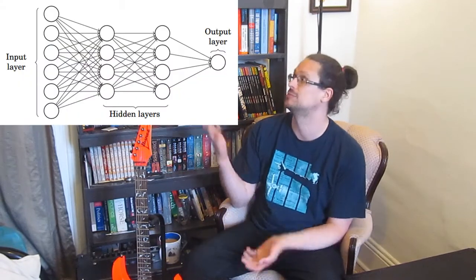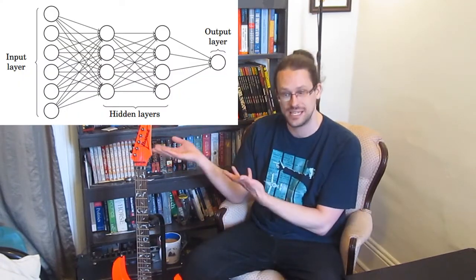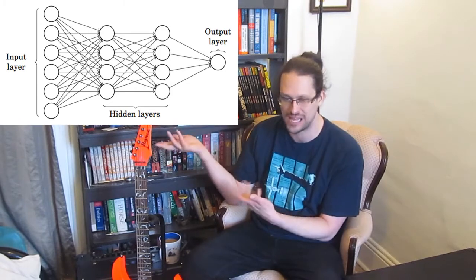As their name suggests, multilayer networks have multiple layers, and they're built out of lots of individual perceptrons. Specifically, multilayer networks have an input layer, one or more hidden layers, and an output layer. I'll show you a picture of them here so you can have an idea of what they might look like.